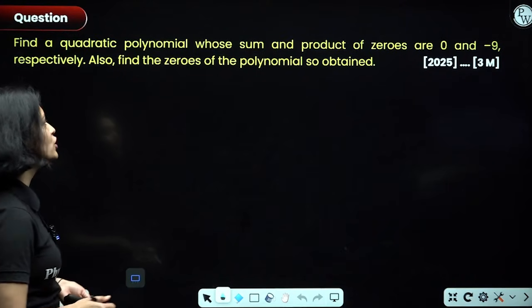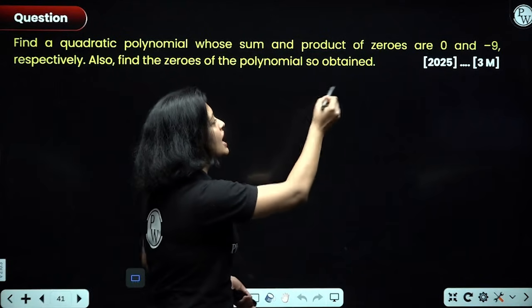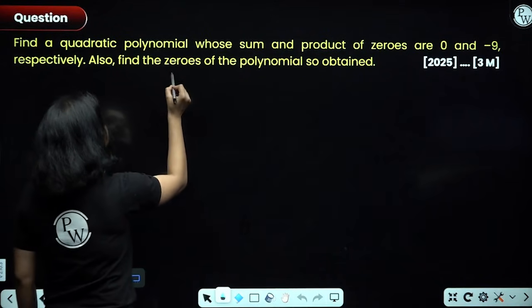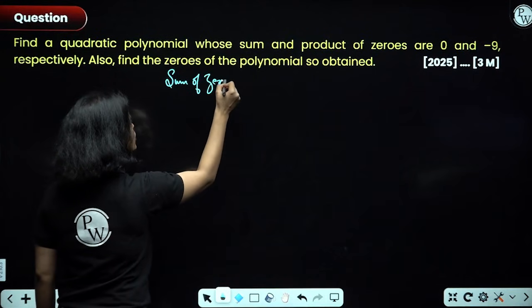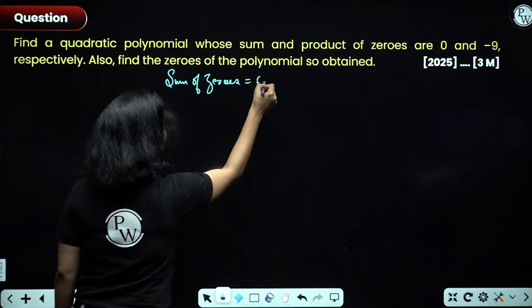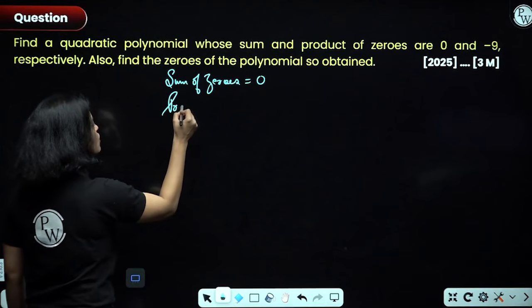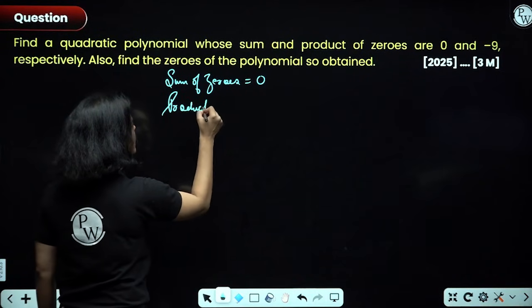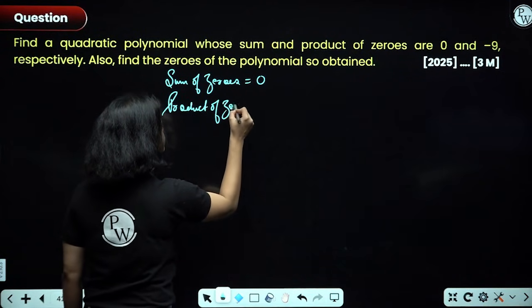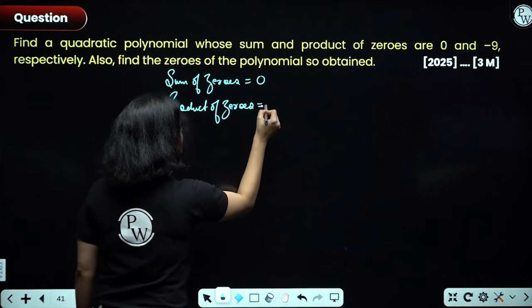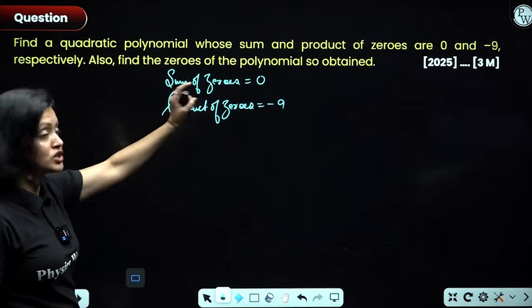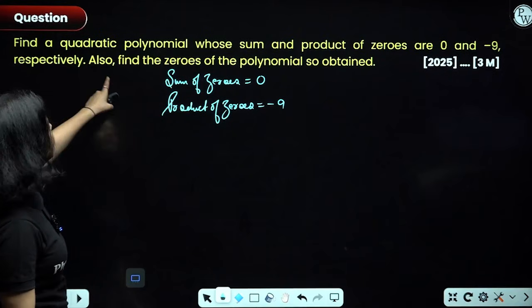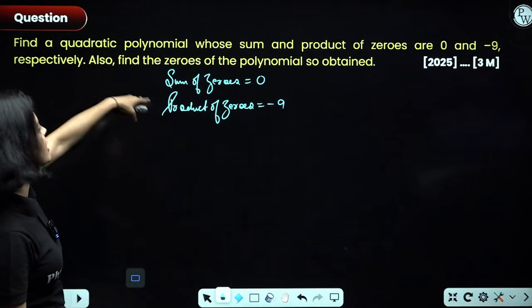Find a quadratic polynomial whose sum and product of zeros are 0 and negative 9. So sum of zeros, guys, is given to you as 0, good for us, and product of zeros is given to us as negative 9. 2025 question, okay? So this question is important. Now we have to find the quadratic polynomial.